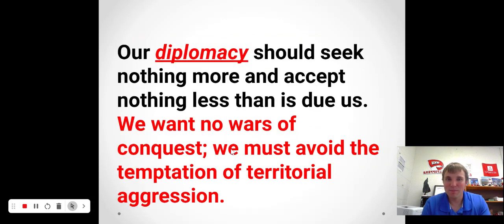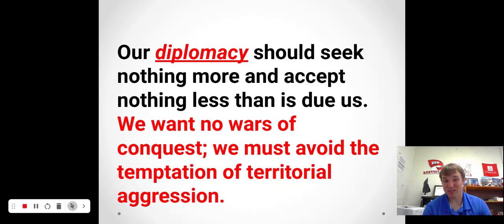Things are going to change. But anyway, our diplomacy, which is how we interact with other countries, should seek nothing more and accept nothing less than is due us. We want no wars of conquest. We must avoid the temptation of territorial aggression. Now, based on this quote, what seems to be his attitude about imperialism and going around the world and expanding?